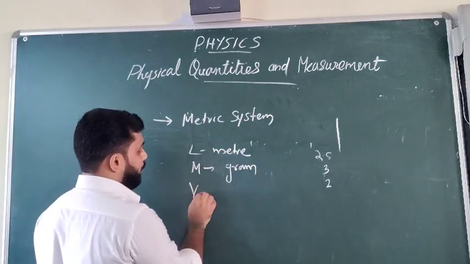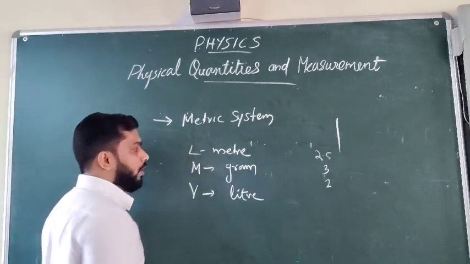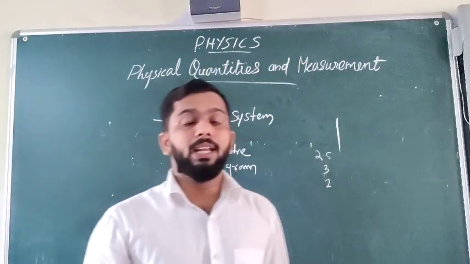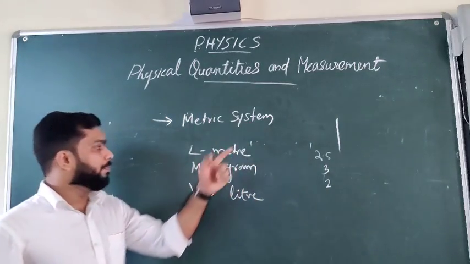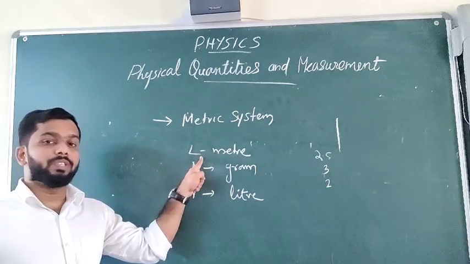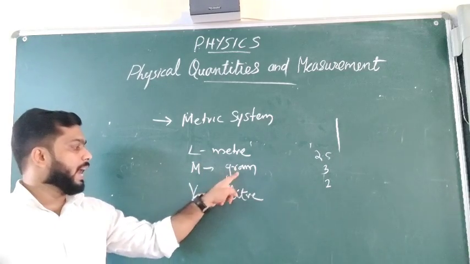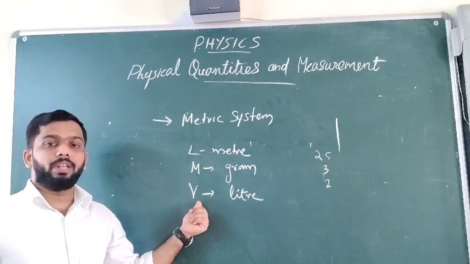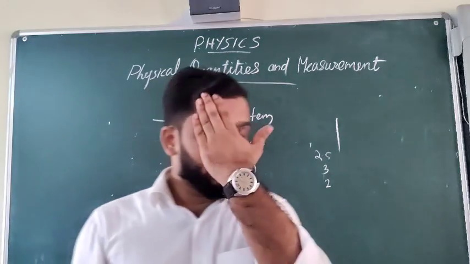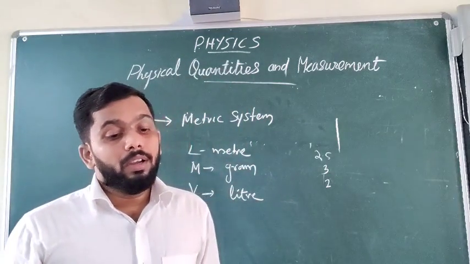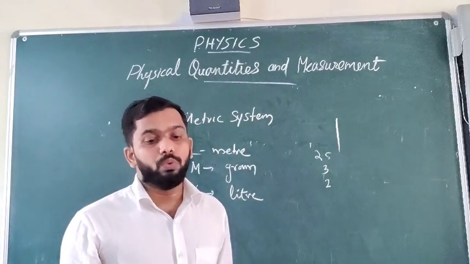Volume means, if you want to measure liquid, you go for liter. So mainly they had three fundamental units in the metric system: length in meter, mass in gram, and volume in liter.